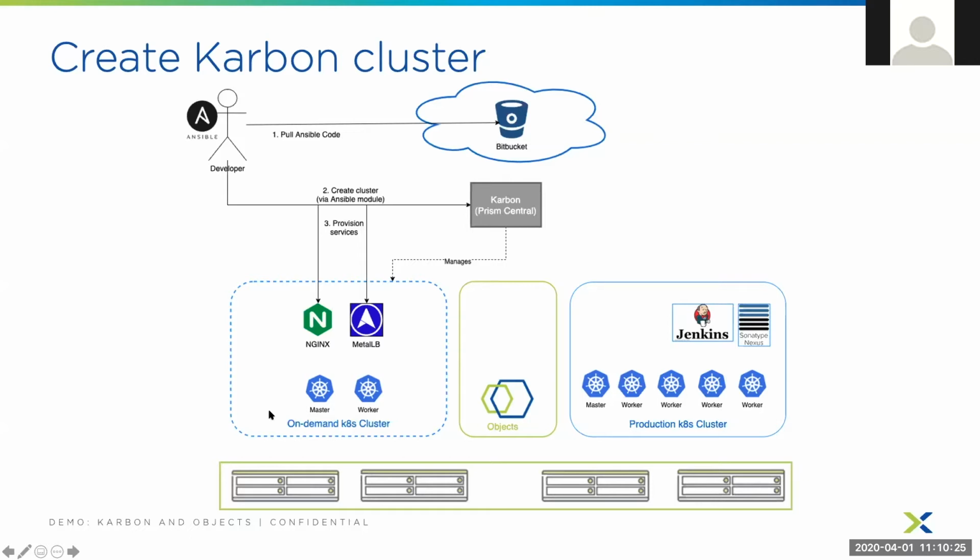Now, it's not only deploying the plain Kubernetes cluster that we will do, we will make sure that the Kubernetes cluster is fully configured and can be used or consumed by the developer instantly. So that means that we don't only deploy the Kubernetes cluster, but we also deploy MetalLB on top of that. You can use it for having a load balancer within your Kubernetes cluster.